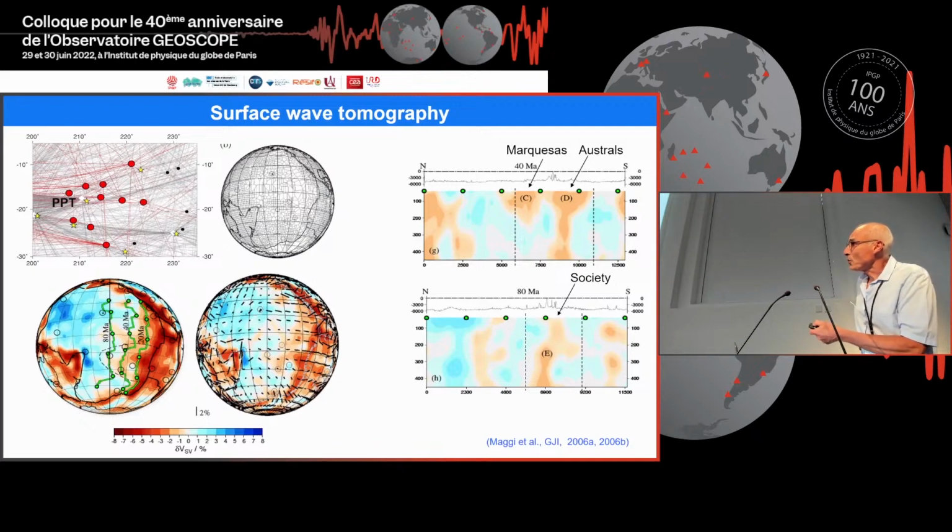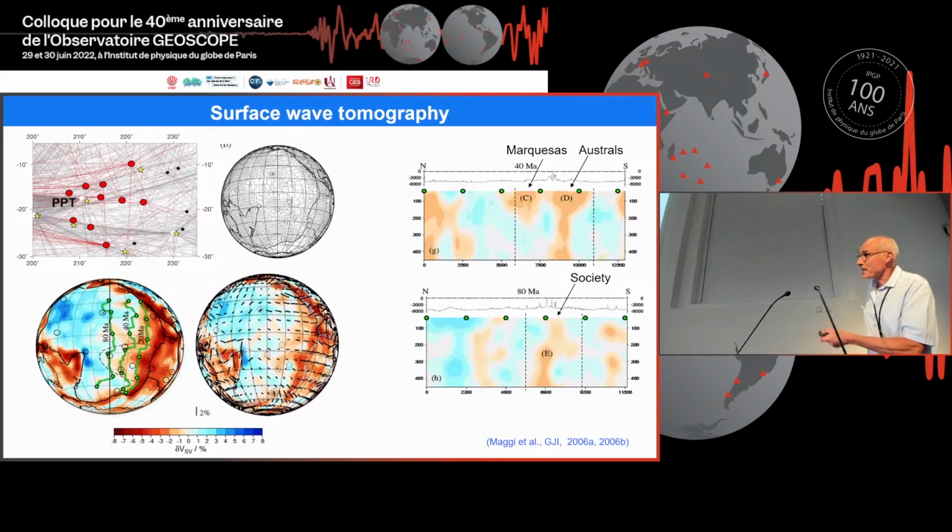We retrieve some low velocity associated to the asthenosphere and to the ridge, obviously. What was interesting is that she succeeded in highlighting some low velocity structure beneath some of the hotspots: quite a superficial anomaly beneath the Marquesas, and a deeper anomaly down to the transition zone for the Austral and the Society hotspots.